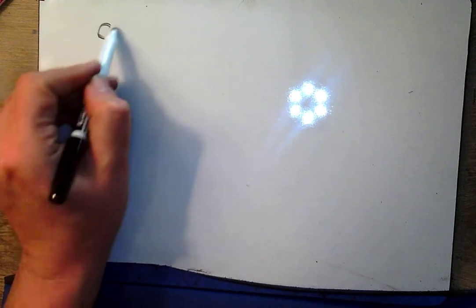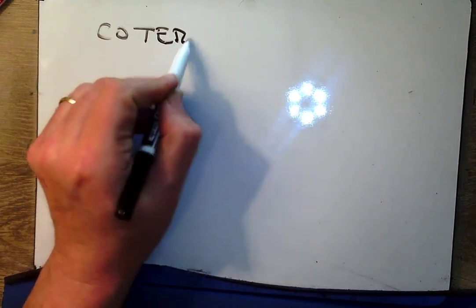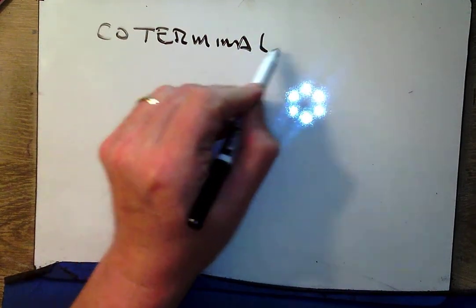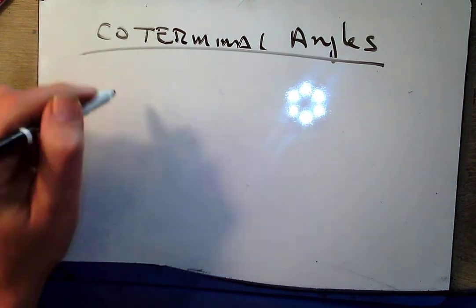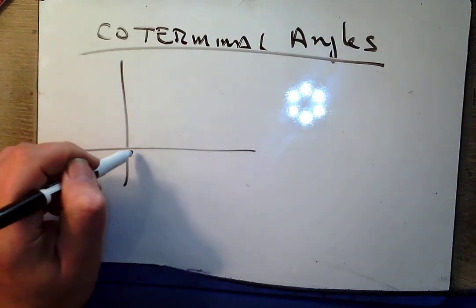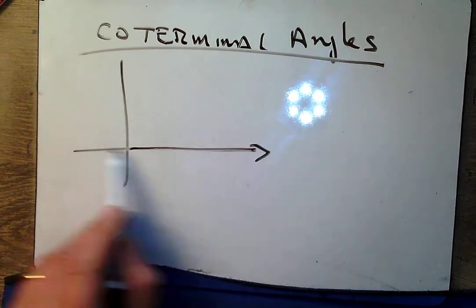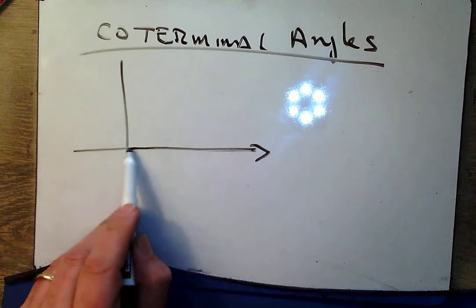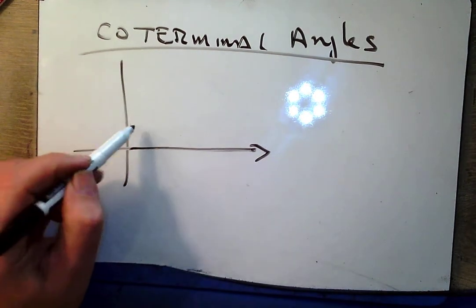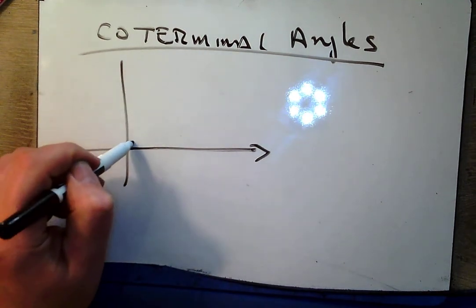Great. So let's see if we can do something now with this language. And so I want to come back now and talk about coterminal angles. Okay? So what if my angle, and almost always the standard representation is to have the initial side on the positive x-axis, and then to be rotating from there.